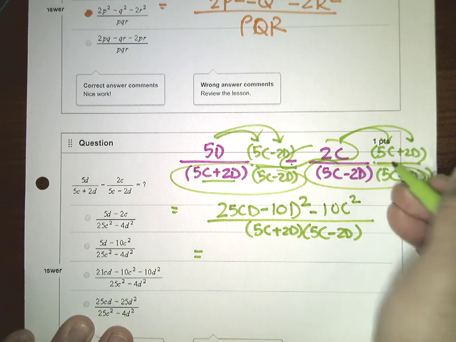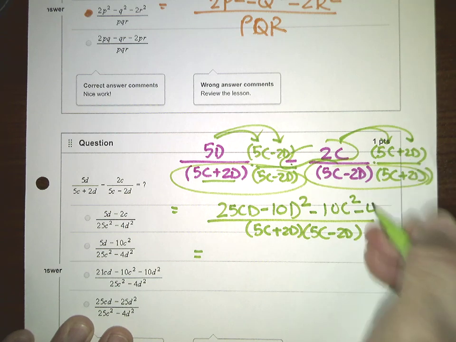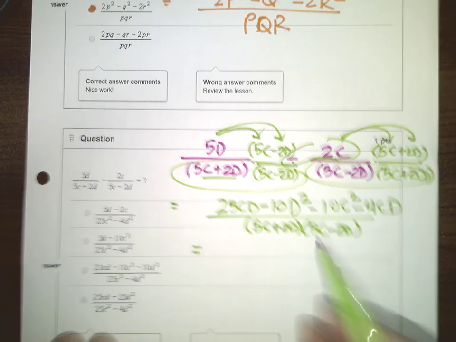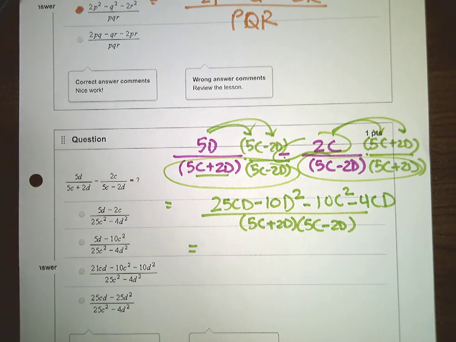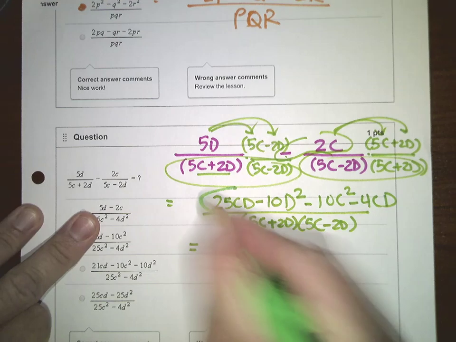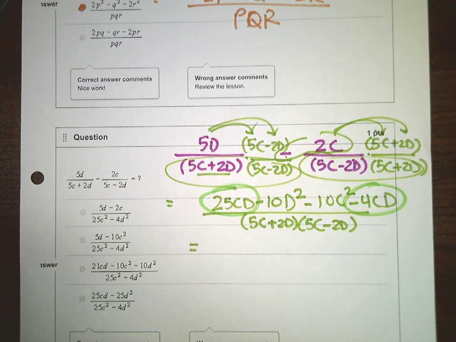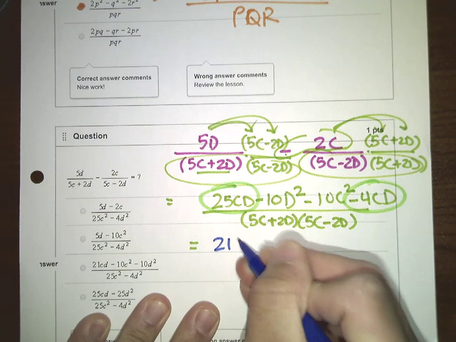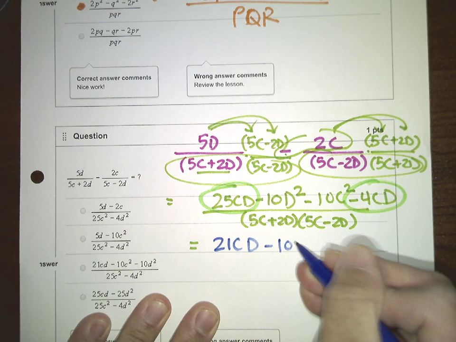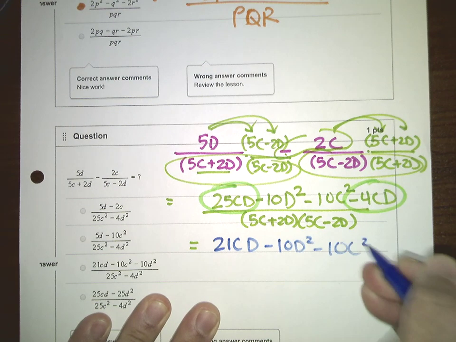And then we have negative 2c times 2d is going to be minus 4cd. And so then I combine the like terms. So we have 25cd minus 4cd. That will be 21cd, then minus 10d squared minus 10c squared.